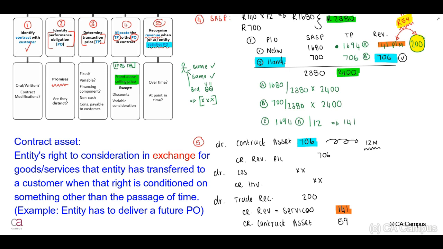Now, the entity has the right to receive the income relating to this asset. Therefore, a future performance, they will only be able to receive all of the income relating to that asset at the end of the 12-month period. This is a very basic example.